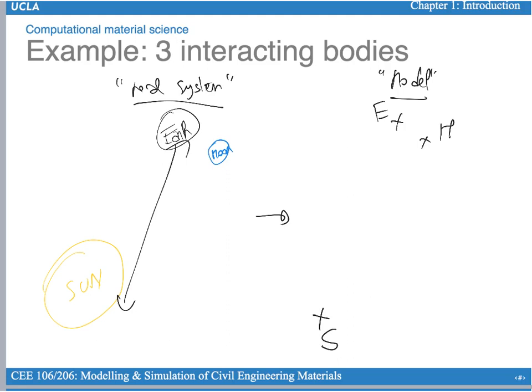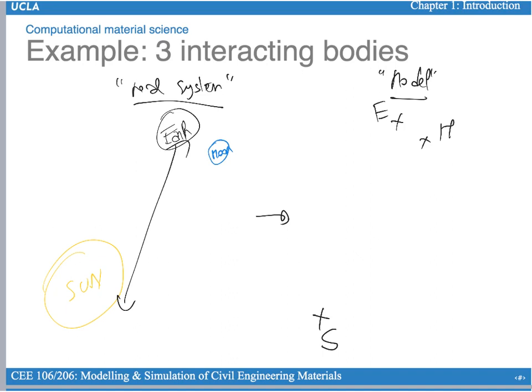Why? Because those objects are sufficiently far from each other that their actual geometry doesn't matter and they can be approximated as points. And you will assume that in this case, representing this system of three bodies as points is enough if you don't care about their own rotation.